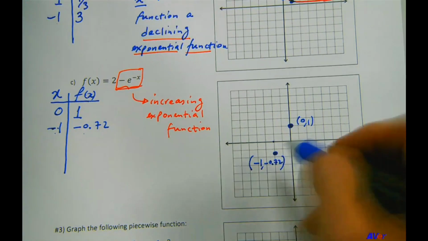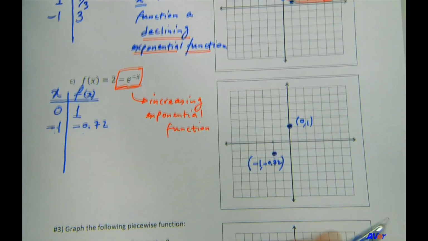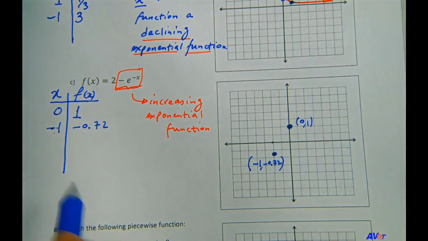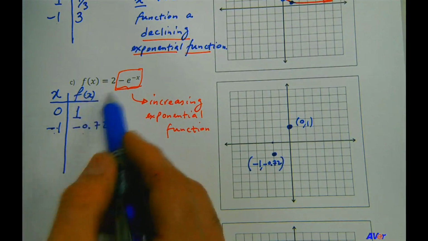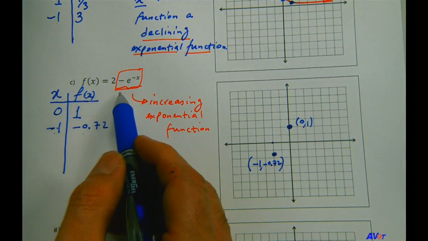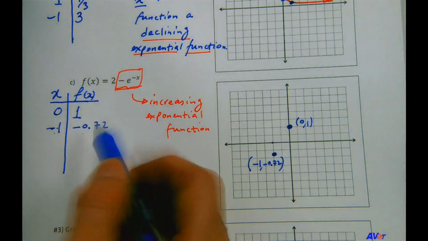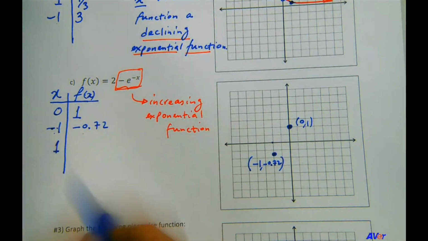Okay, so let's get another third point, because this isn't enough. Let's get maybe positive 1, x equals positive 1. If x is equal to positive 1, let's calculate that number.